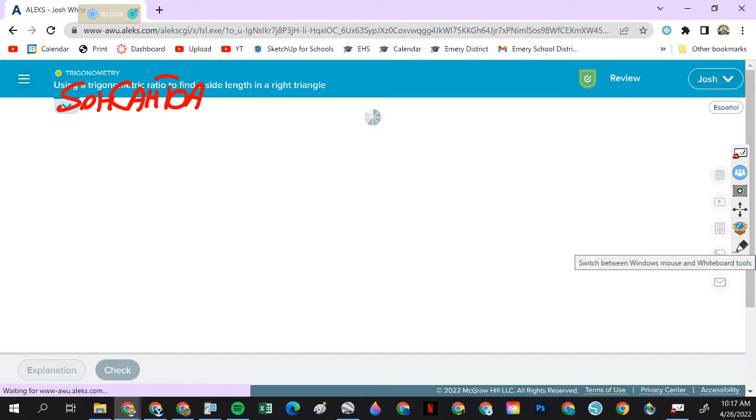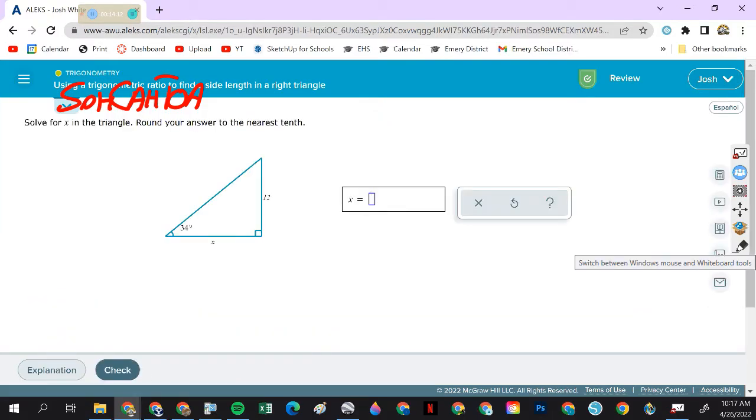All right, let's do another one. I'm going to change this problem. We have a triangle with a 30-degree angle.